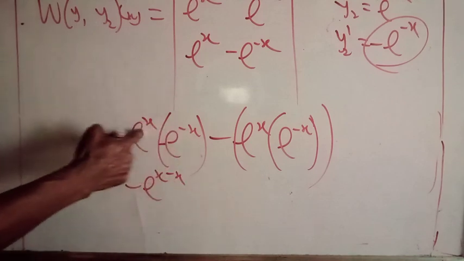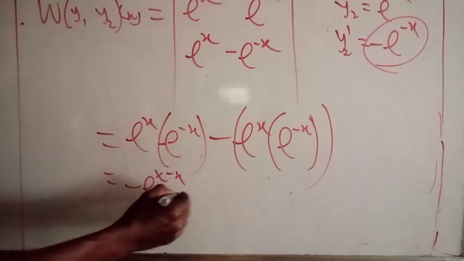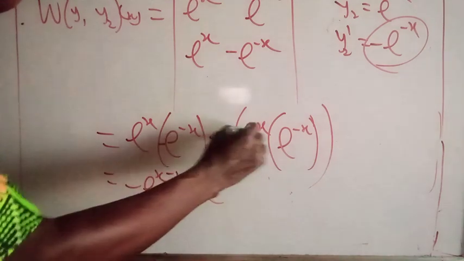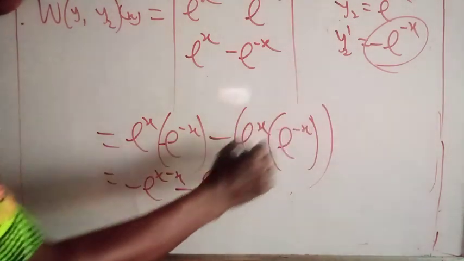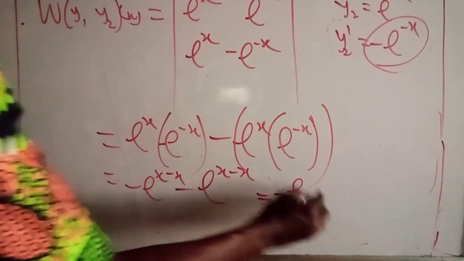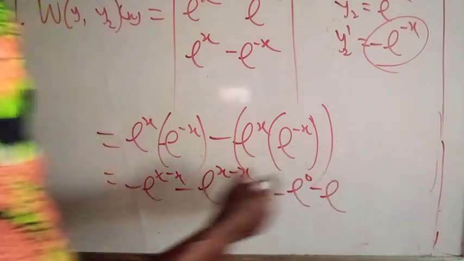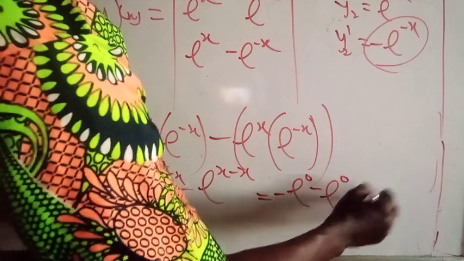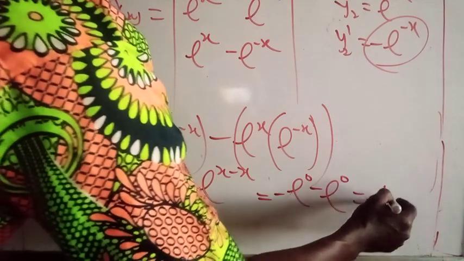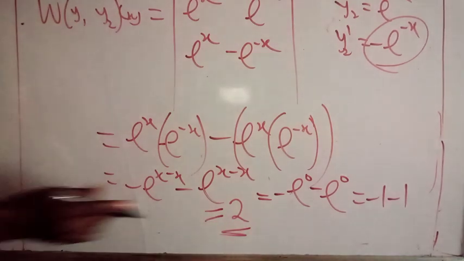According to the law of indices, when the powers are brought together, you add them together. You open up this one, x minus x, you're adding the powers together. So this will be minus exponential, x minus x is 0, minus exponential, x minus x is 0. So this will give us minus 1 minus 1, and minus 1 minus 1 is 2. Sorry, it's minus 2 rather.